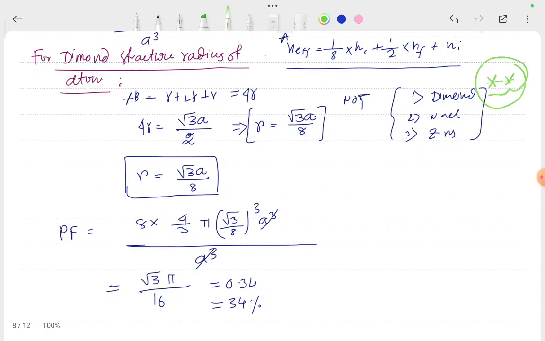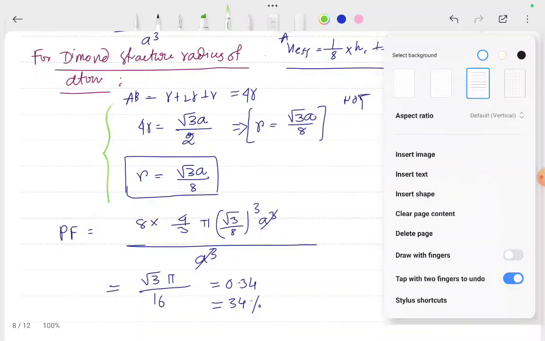So for diamond we have calculated the value of the packing fraction. We have a problem: how can we calculate this value? Okay, don't worry, the next class will clear all about that. So next we go to another question.